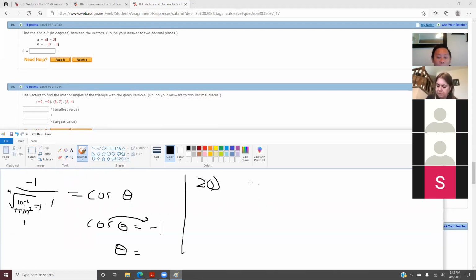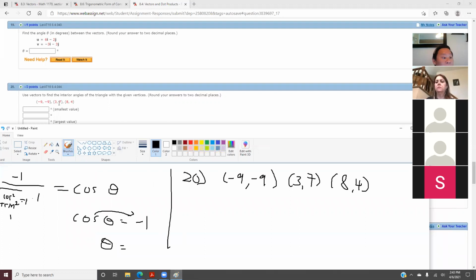So you got -9, -9, 3, 7, and 8, 4. So they give this in a vector form.